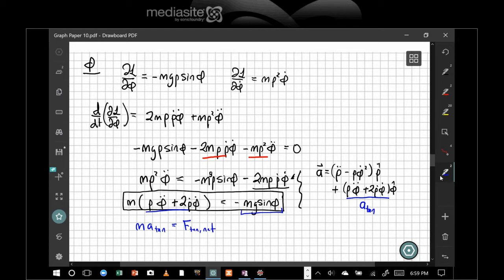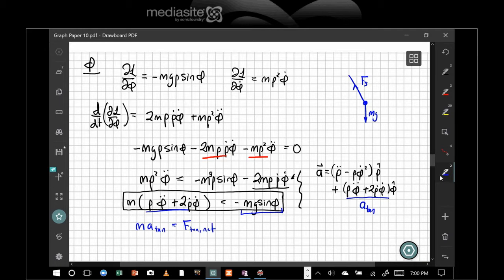So that differential equation makes a heck of a lot of sense. Remember, if you think about my pendulum here, there are two forces acting on it. There is the spring force and there's mg. The spring force is completely radial, but there's a tangential component to mg.